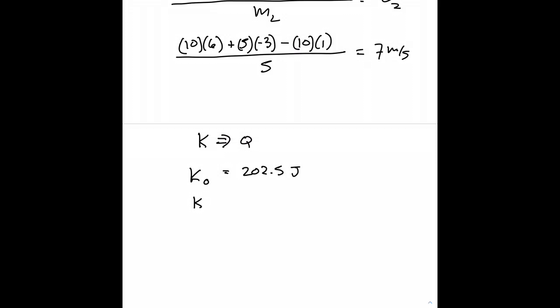This time, the final kinetic energy is not the same value it was when they stuck together. So you calculate final kinetic energy again the same way: 1/2 m1 v1 squared plus 1/2 m2 v2 squared. The only difference this time is v1 and v2 are not a single common value because they're not stuck together.